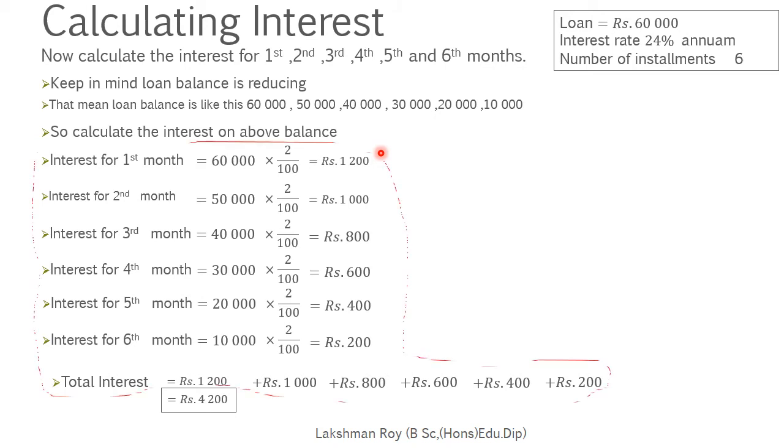Calculating this whole part is a time wasting method. That is also a long method and also a time wasting method. So there is an easy and short method to find the total interest. In the next part we are going to follow that one. Understand?